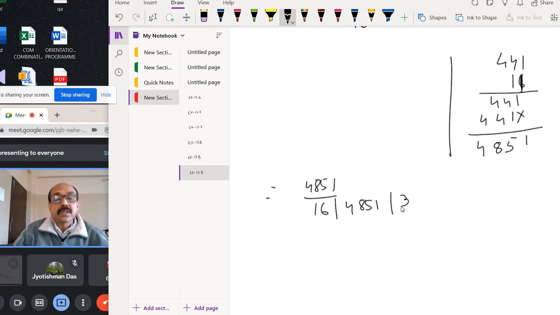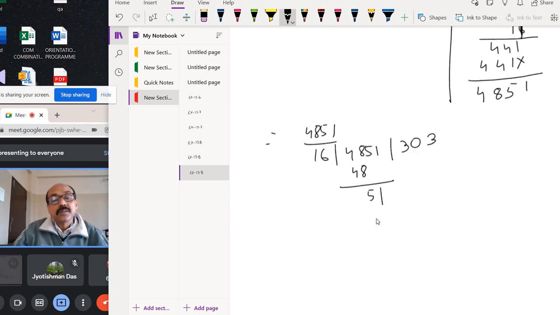48 divided by 16 is 3. Then 51, 3 into 16, 48, remainder 3.